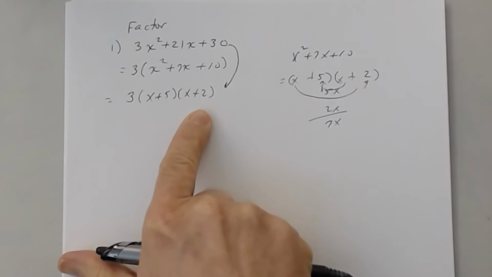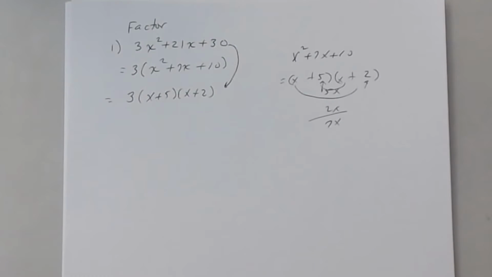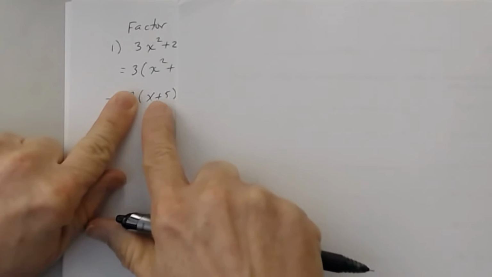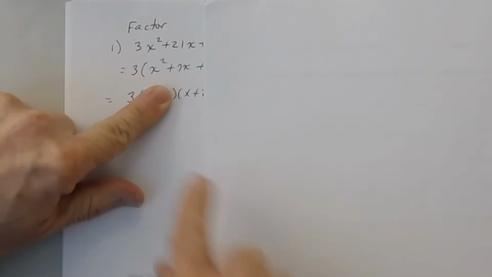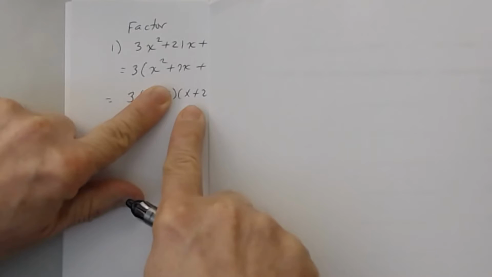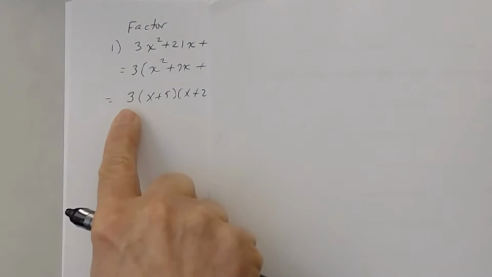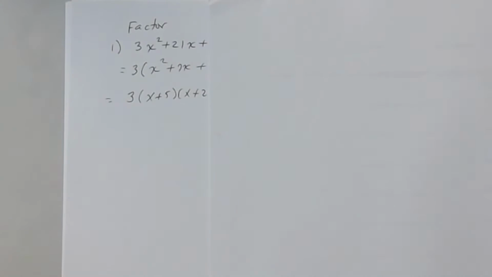Okay, now, as we go into the next section, it's going to be important that you ask yourself, if I look at x plus 5, this binomial, what's the GCF? 1. Okay. If I look at this binomial here, what's the GCF? 1. All right. And this is a monomial, so we don't tend to worry about monomials here.